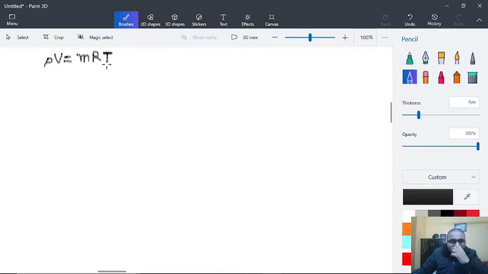Now we will slightly modify this equation in terms of moles.